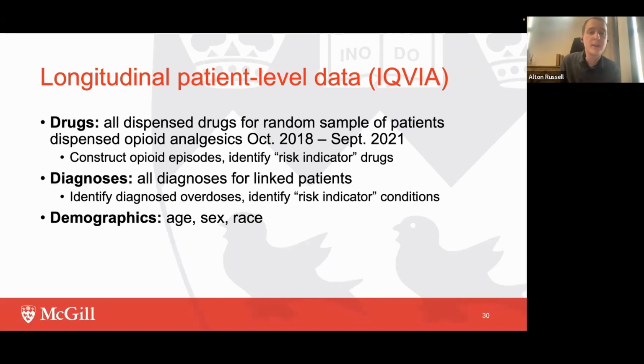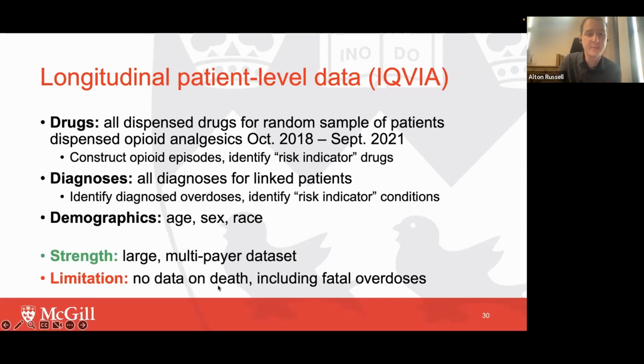We have diagnosis data, so we have all diagnoses for the linked patients, which we can use to identify diagnosed opioid overdoses, but we can also identify different diagnoses that can be used as risk indicators. And then we have age, sex, and race as demographic data.